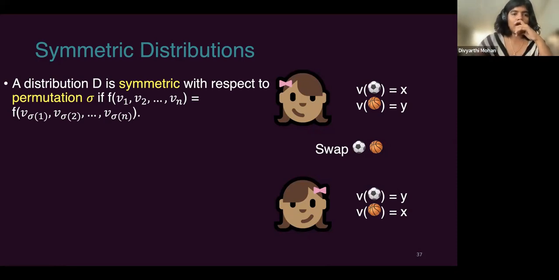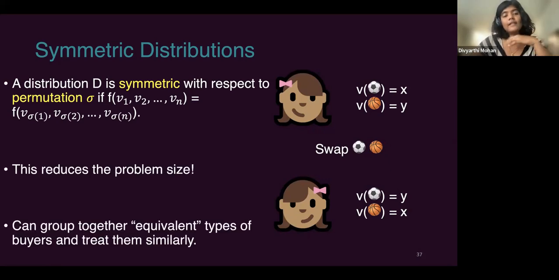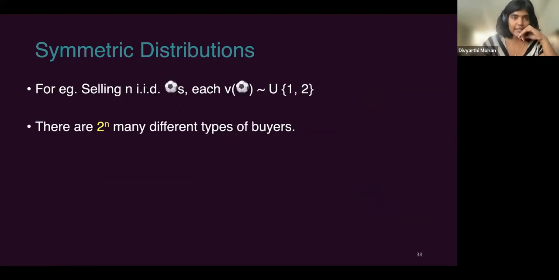Okay. And why do we care about this? Why am I talking about symmetric distributions? Because this reduces the problem size a lot by grouping together equivalent buyer types and treating them similarly. For instance, consider this very highly symmetric case of n IID items. All the items have identical distributions. Again, the items take value 1 or 2.